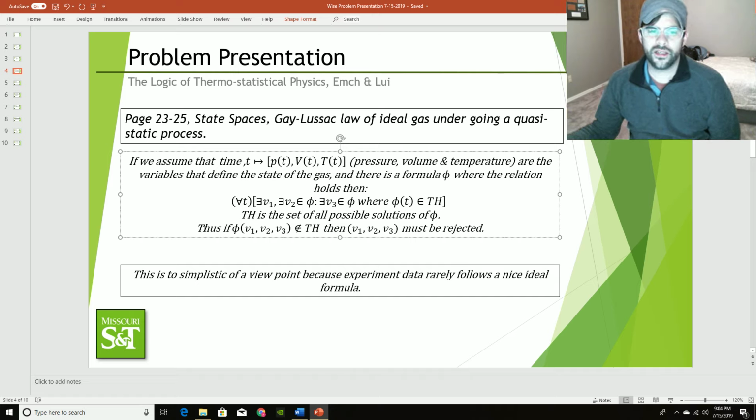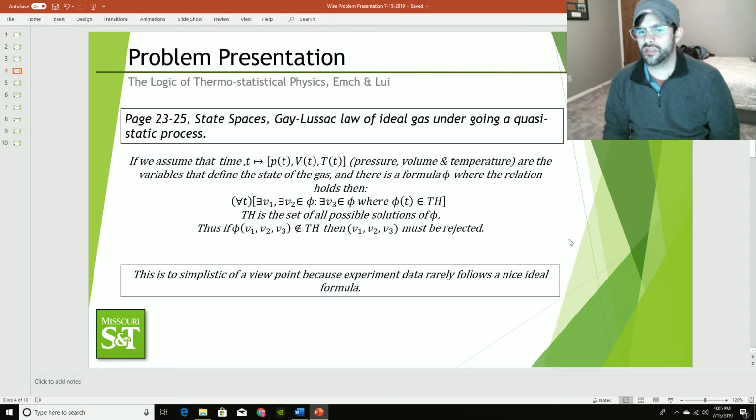So I'm saying thus, if you have a formula phi and you have variables 1, 2, and 3, and given these variables that solution is not within TH, then one of your variables, v1, v2, or v3, must be rejected.